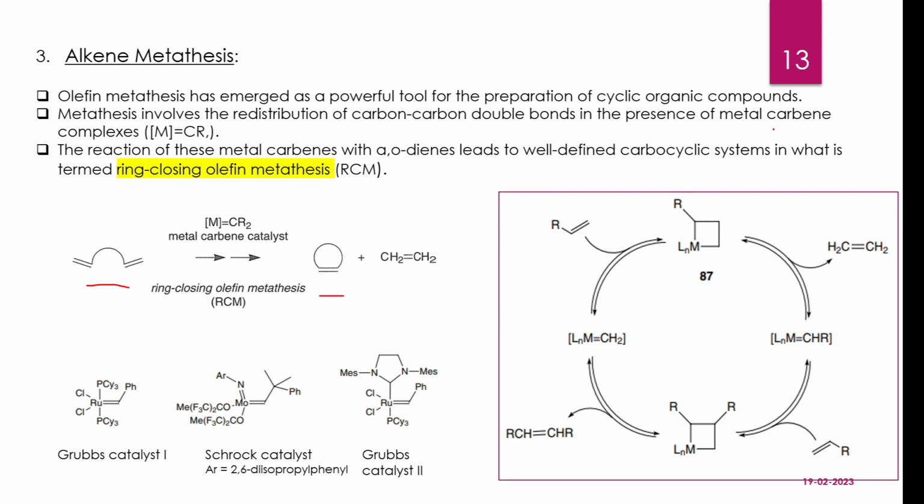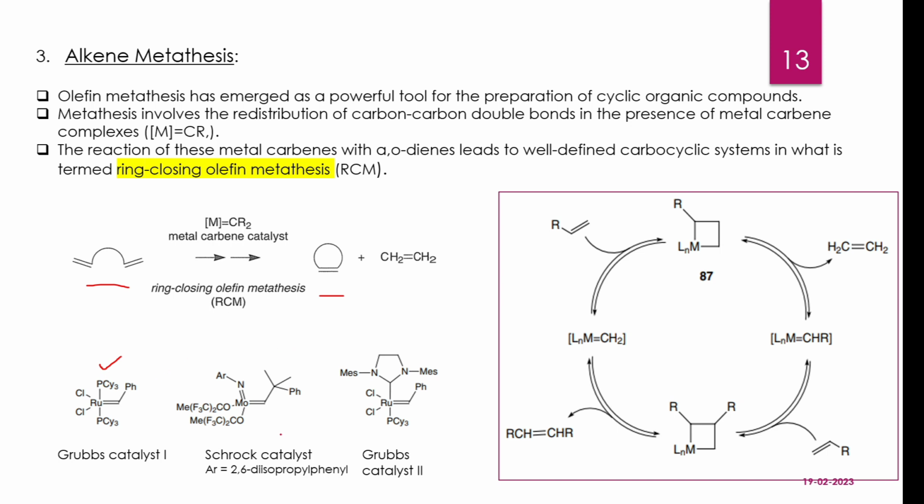So what is the mechanism? First, as the catalyst in this reaction, the metallocarbene complex, we may use these three catalysts. Among these, this one is highly used, but when you need to be careful, these two can be used.